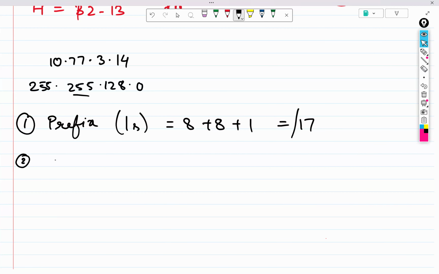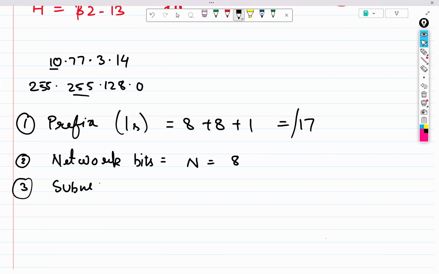Okay. Find out the network bits. How many network bits are there? We know that this is a class A IP address. So obviously your network bits is going to be 8. Okay. Third, find out the subnet bits.